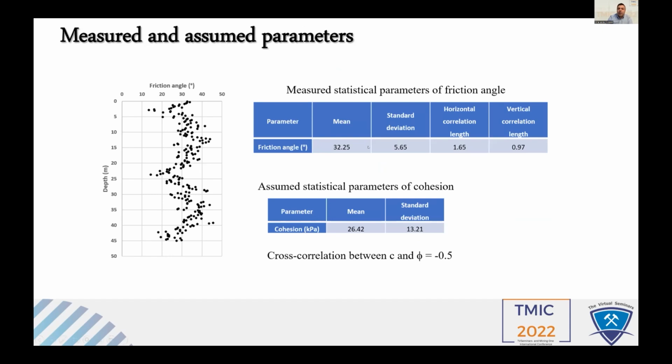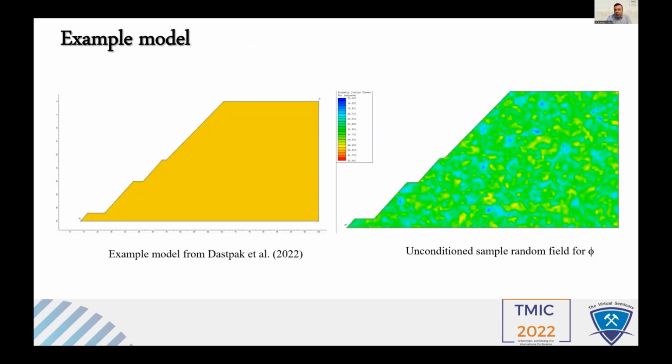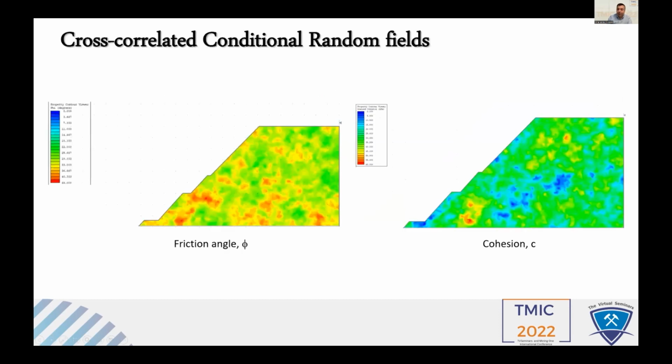So this is one example of the points that we measured for friction angle. These are the statistical parameters that we measured based on the field that we had. And then we assumed these parameters for cohesion and the cross-correlation between cohesion and friction angle. And then we generated the cross-correlated conditional fields for cohesion. This is the example model that we got from Dasbach et al. 2022. And this is one example of unconditioned friction angle.